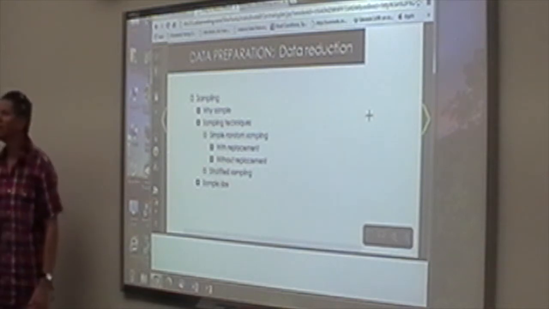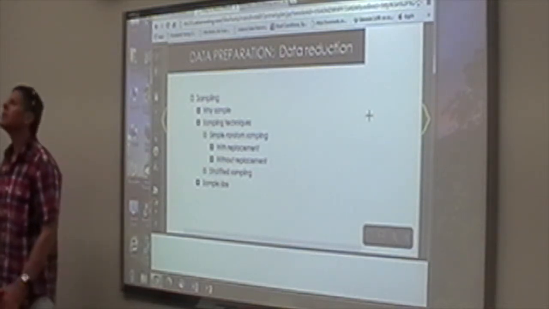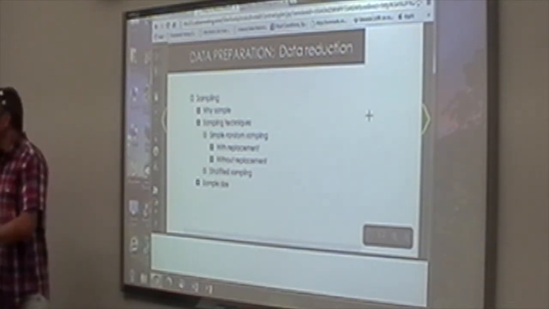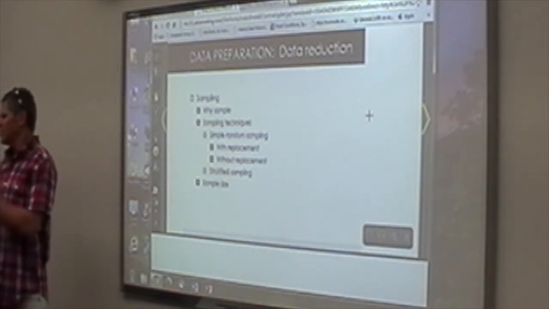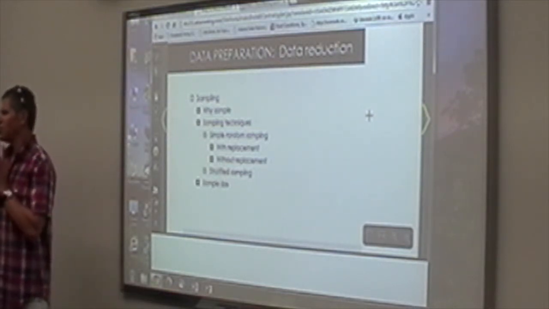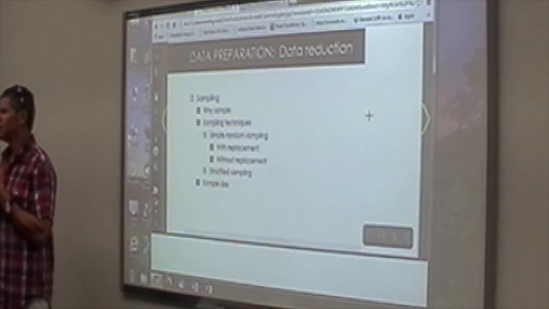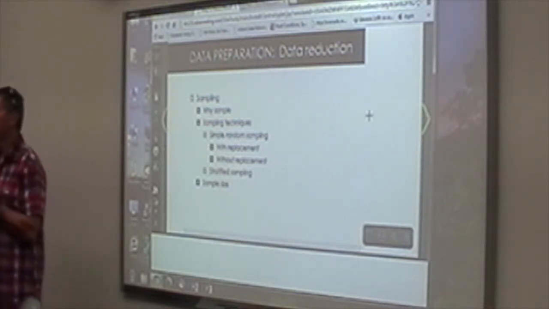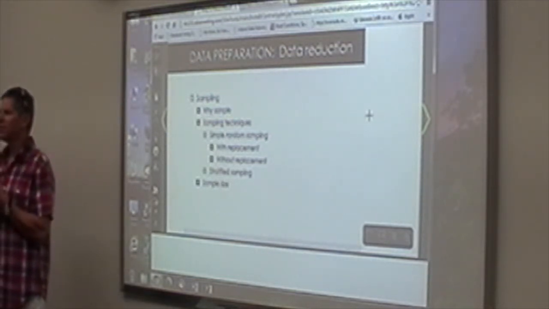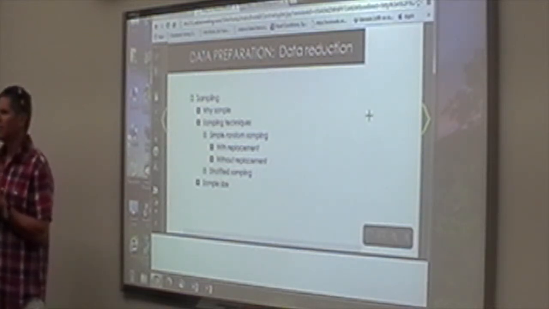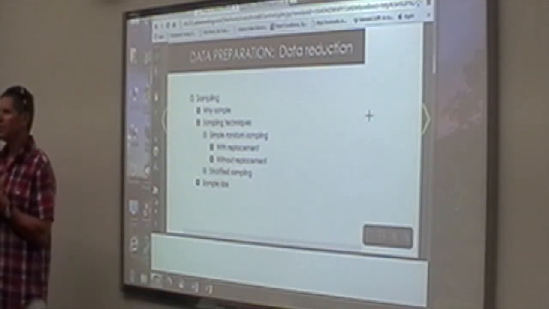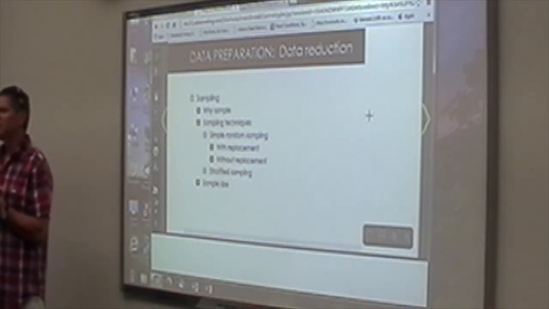So James, you're kind of creating your own database off of older data. What he's saying is if you've got too much, you just randomly pick certain data points out and put them into a smaller set of data.